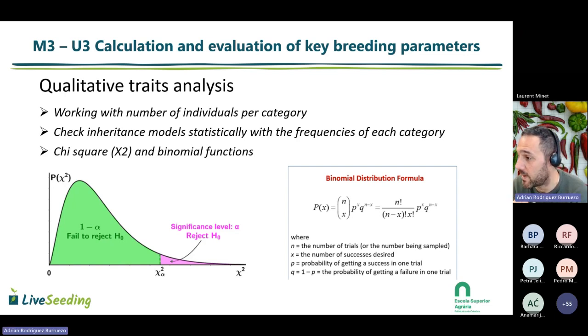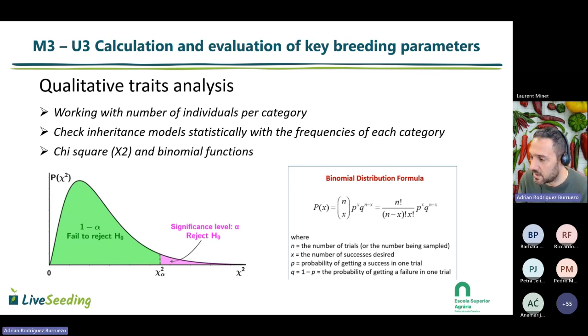Chi-square, that probably is quite familiar to many of you, is used for qualitative traits to check the different inheritance models you propose to explain the control of your trait. Okay, is this a dominant control? Is this a codominant inheritance?